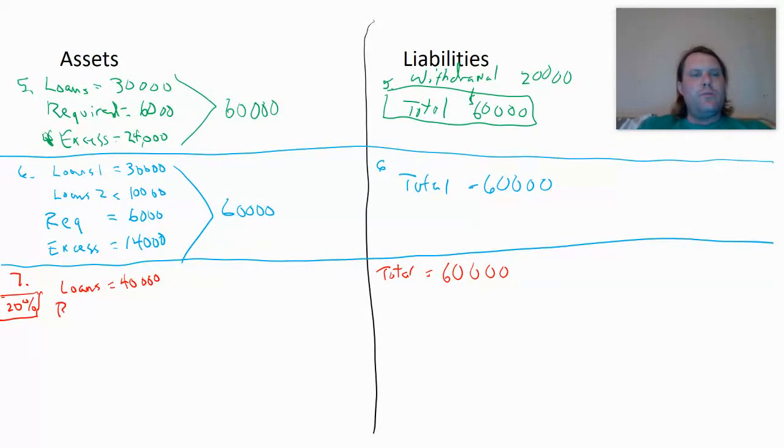Our required reserves are what's going to change. And in this case, 20% of 60,000 is going to be $12,000. And now our excess reserves are only going to be $8,000.